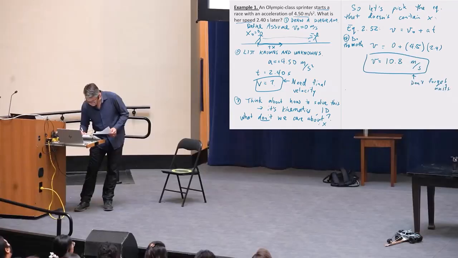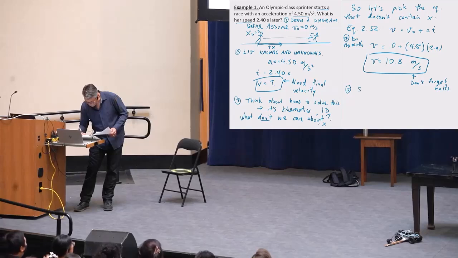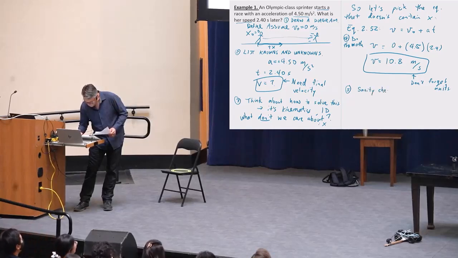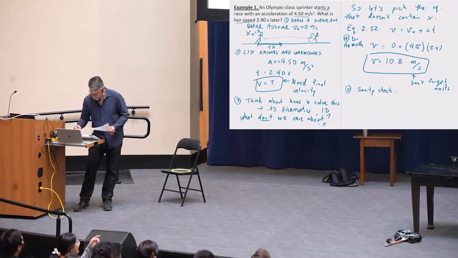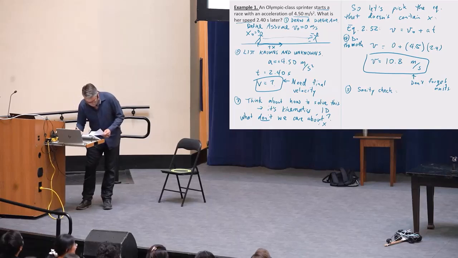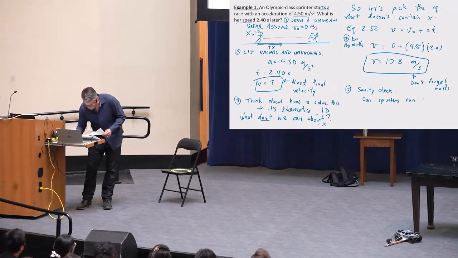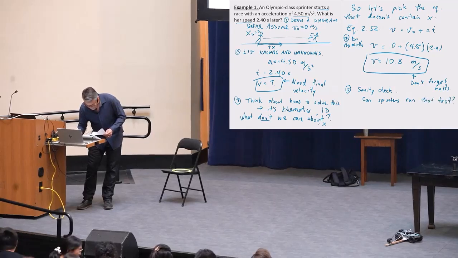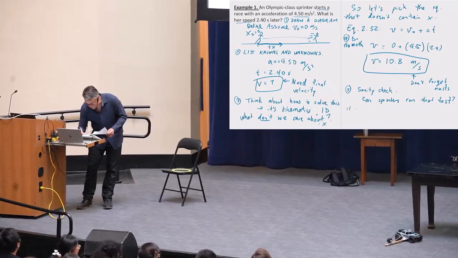And then step 5 is what I call, I don't know if this is a good word for it, sanity check. I would just say, does this result make sense? Can sprinters run that fast, actually? Try to compare it to your experience of the real world. Maybe you could convert it to kilometers per hour, for example.